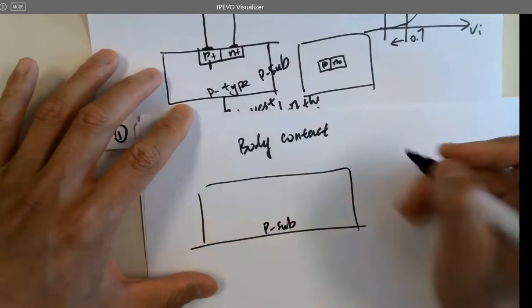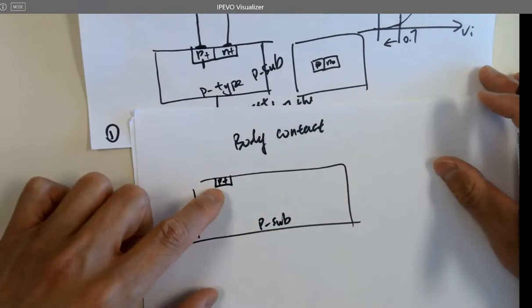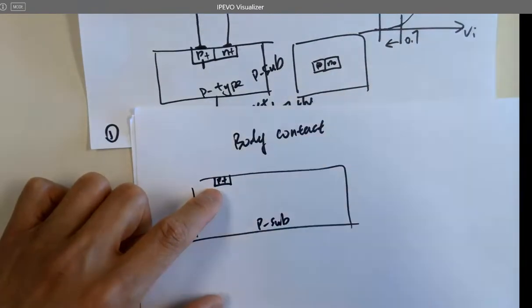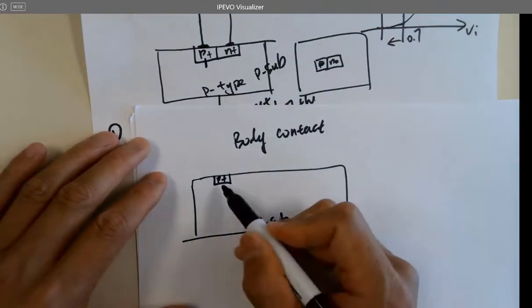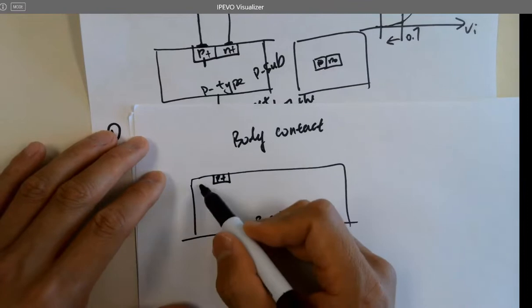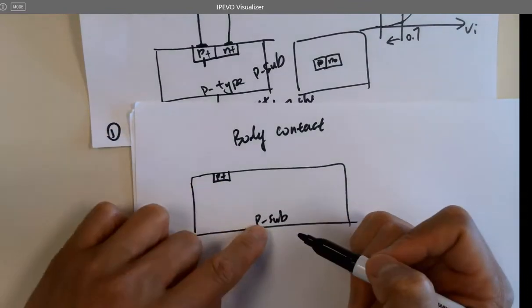Like I said, if you have a P plus being doped over here, anywhere, it doesn't have to be here, it can be anywhere on the whole wafer, and there's nothing else shorted or blocking it from being connected to the P sub, then what's happening?